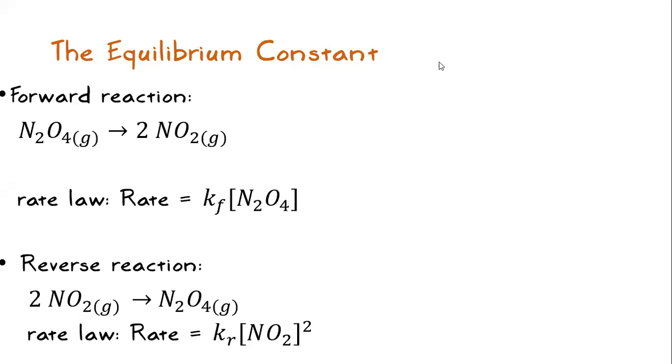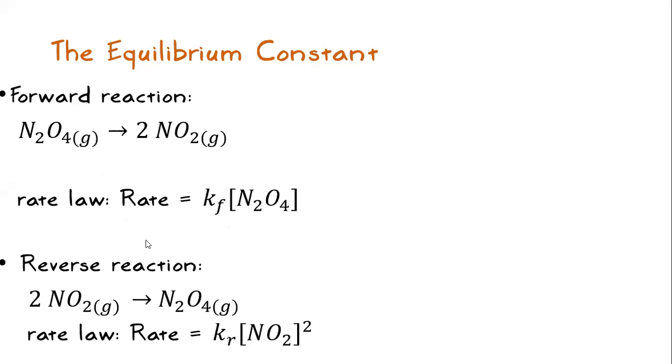Okay. So with a forward reaction, when you say rate of reaction, we are looking at the rate at which reactants are being converted to products. So we write a rate law where K stands for the rate constant, and then the square box you see there stands for concentration.